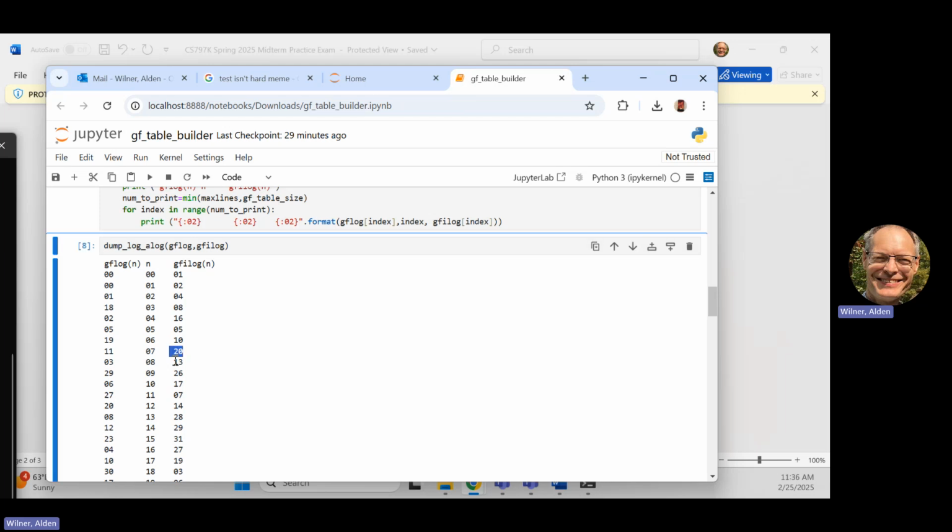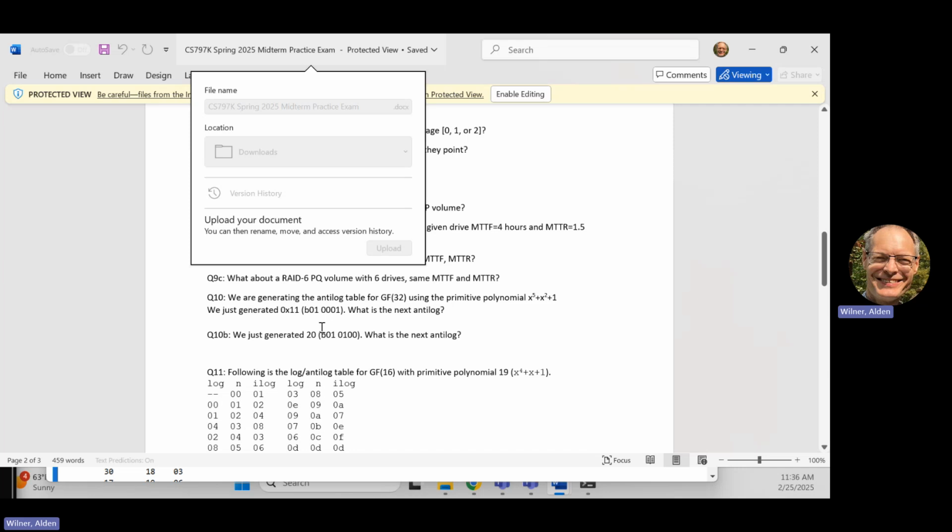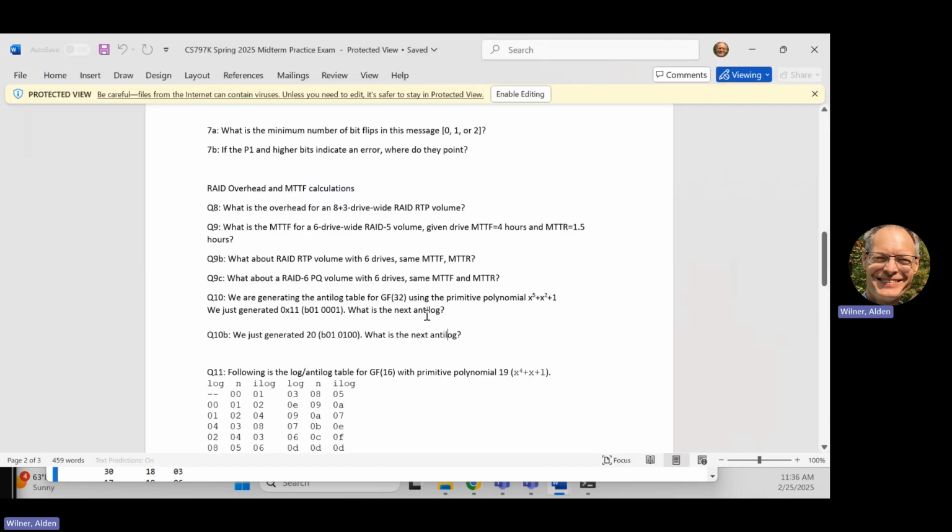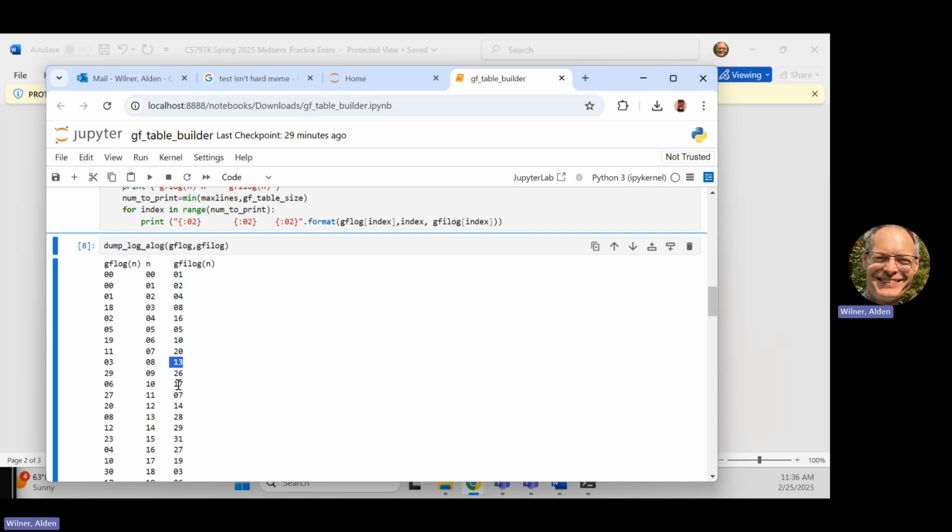What's the next value? 13. We said here, we just generated 17. What's the next value? 17 turns into 7. And you notice that 13 doubles to 26, 26 doubles to 52, which actually doubles back to 17. So actually one right before the other, right? So, you know, we can start anywhere in the table and just keep building from there, right?